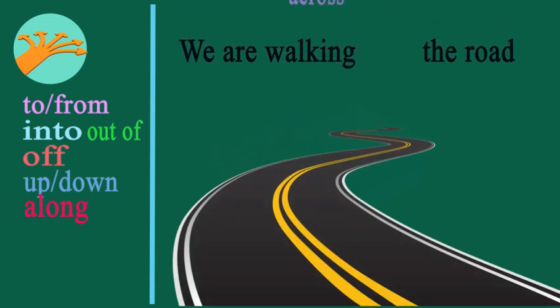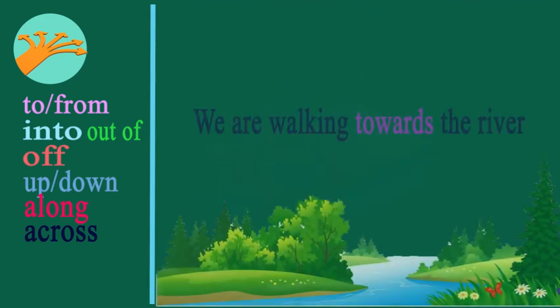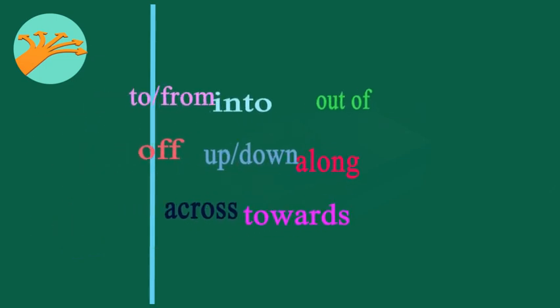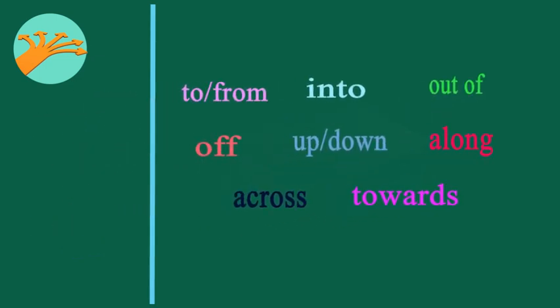We are walking across the road. Across also implies direction. We are walking towards the river. Towards implies direction or movement. So all these prepositions are for direction or movement. Hence, these are known as prepositions of direction or movement.